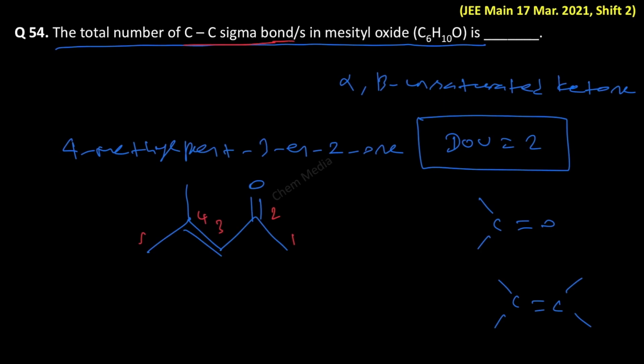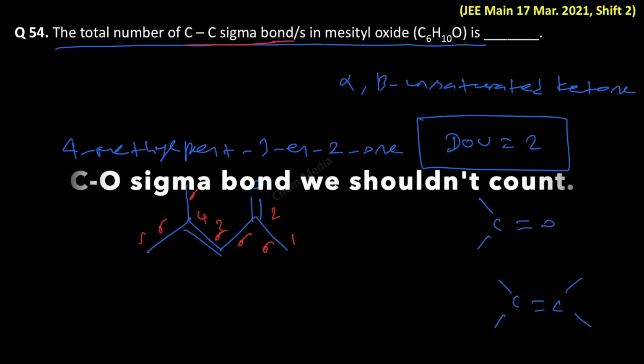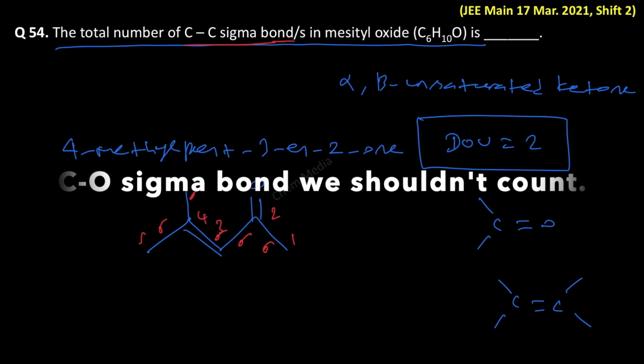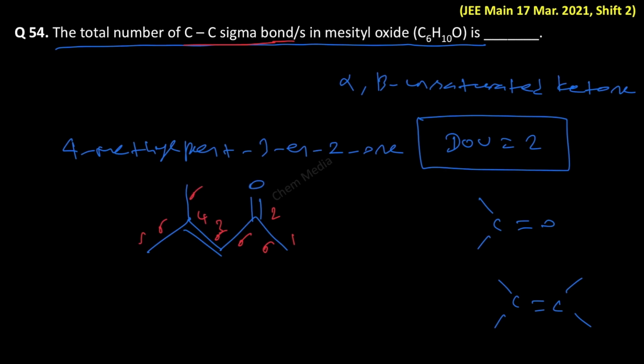That would be 5, isn't it? So this is 1, this is 2, and then this is 3, this is 4, this is 5. The carbonyl carbon-oxygen sigma bond we shouldn't count because they are asking only the carbon-carbon sigma bonds. Therefore, the correct answer for this question is 5.